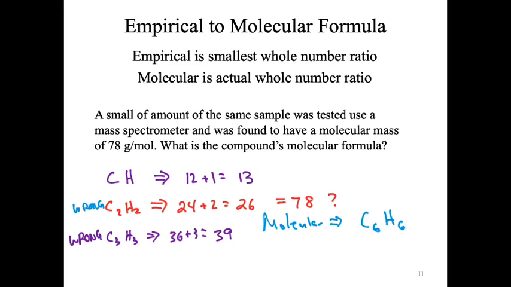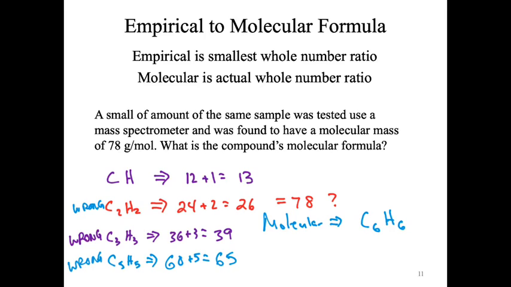So now what do you do? Let's try C5H5. 5 times 12 is 60, plus 5 gets you 65, which means that's also wrong. So now what do you do?